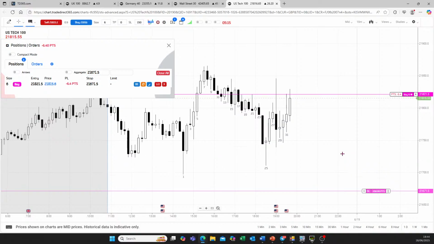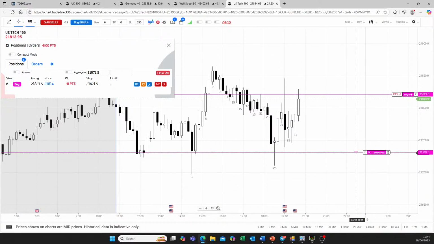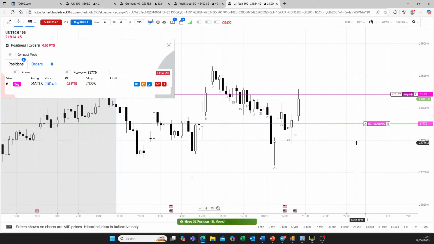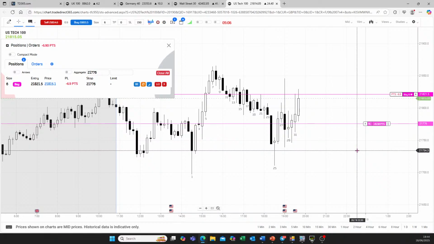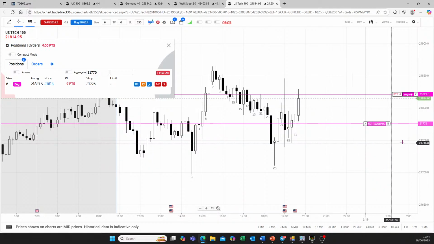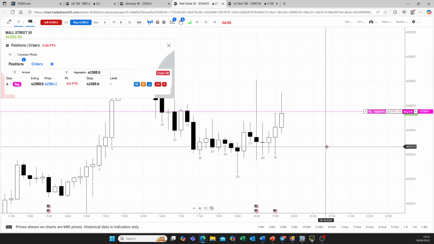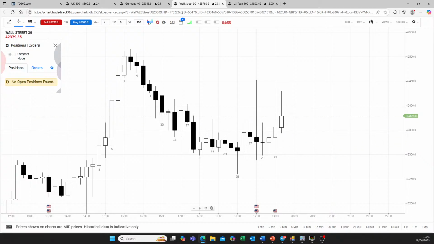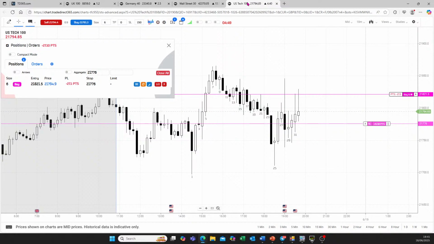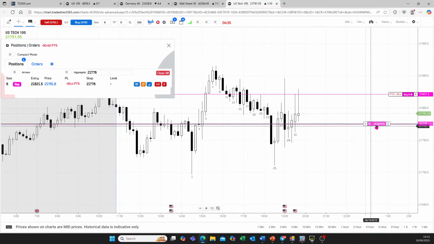Dow is doing okay, Nasdaq less so. So stop for 0 in the Dow. I have no doubt that there was a little bit of slippage there. And my Nasdaq is not doing so well. Actually, my stop loss shouldn't be there.